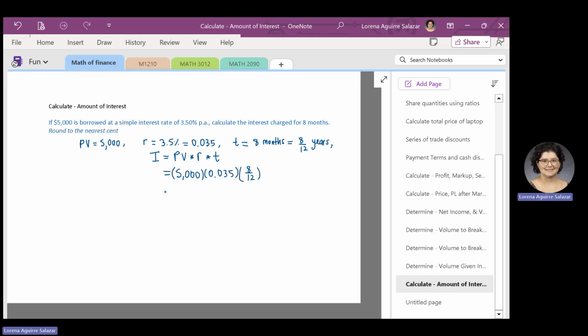When we perform this calculation, we find the number 126.66666. We continue like that. And because we need to round the answer to the nearest cent, we can say that the interest charged would be approximately equal to $126.67. That's the answer to this problem.